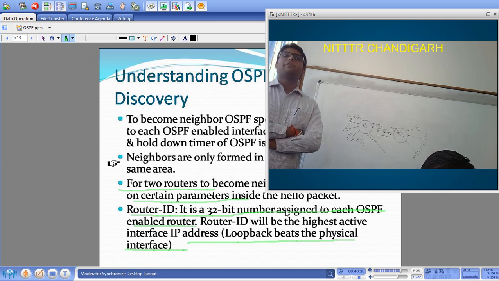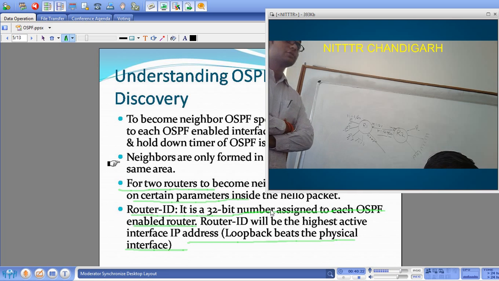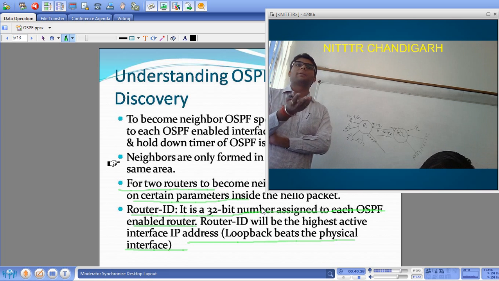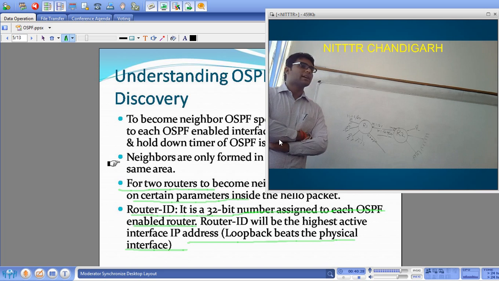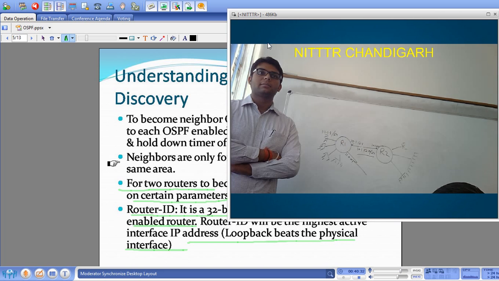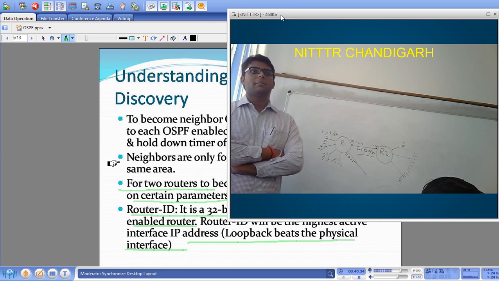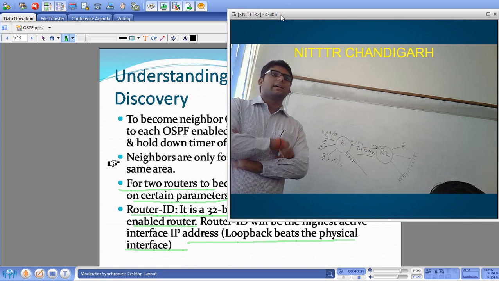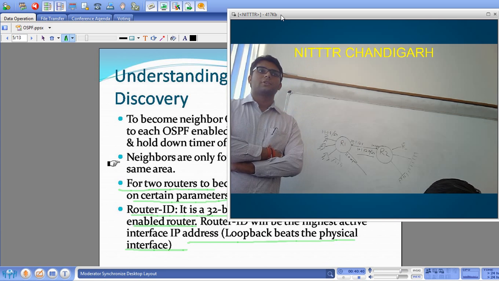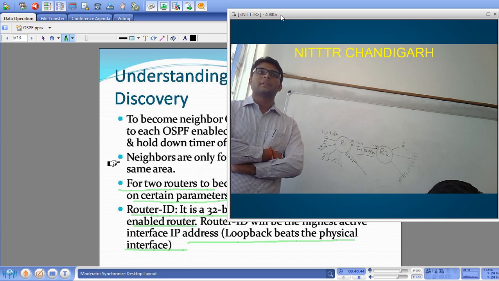Because loopback जो होता है आपका एक virtual interface होता है, and it will come up as soon as your router comes up. इसमें no shutdown नहीं करते, fine? क्यों नहीं करते? Because it's a virtual interface, it comes up as soon as your router is up. So always the preference is given to your loopback.